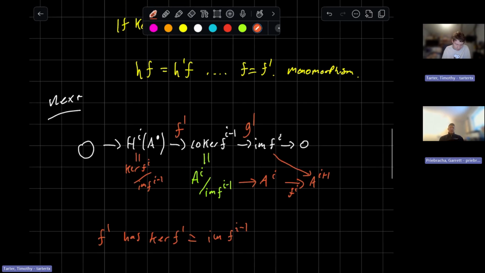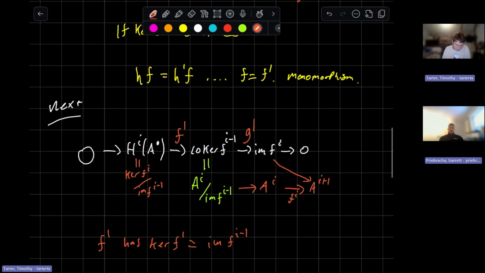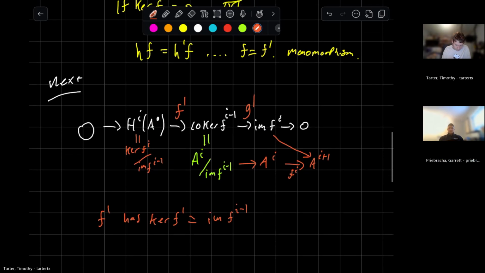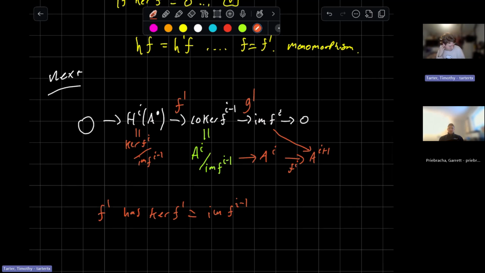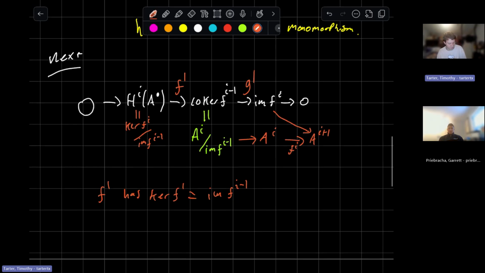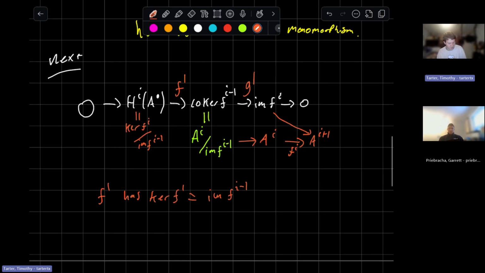Well, that's kernel of F prime, image of Fi minus 1. I'm not sure. Hold on. Let me think through that. You're probably right, but let me think through that.